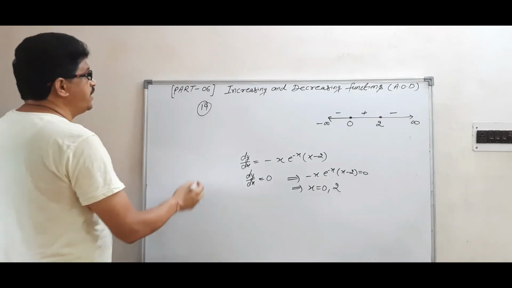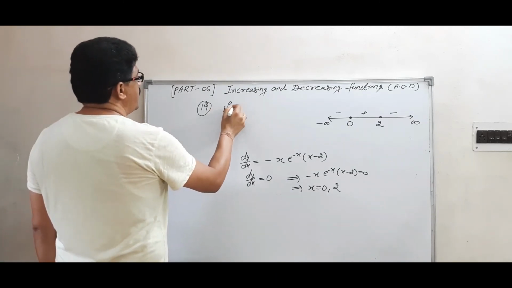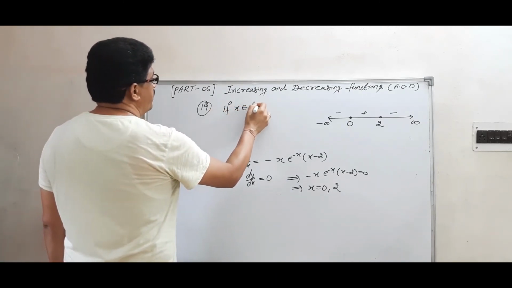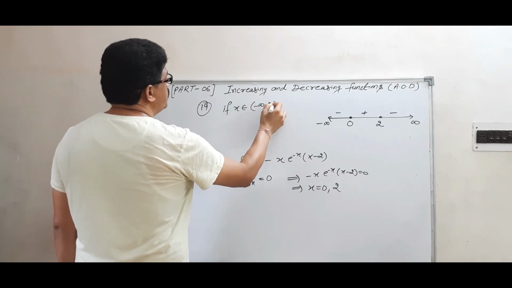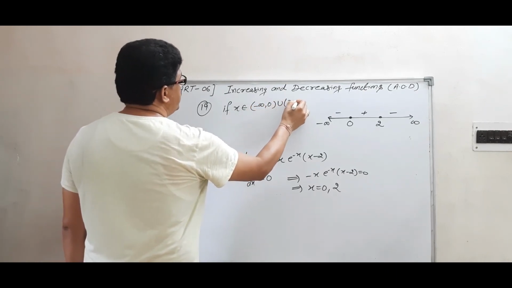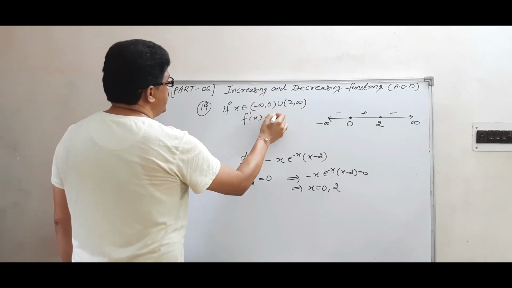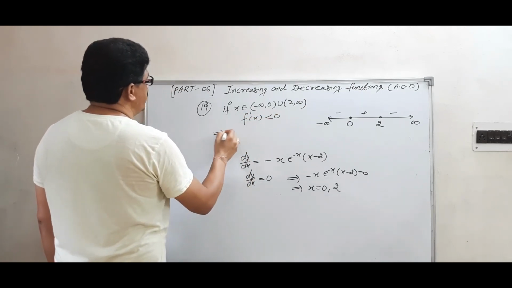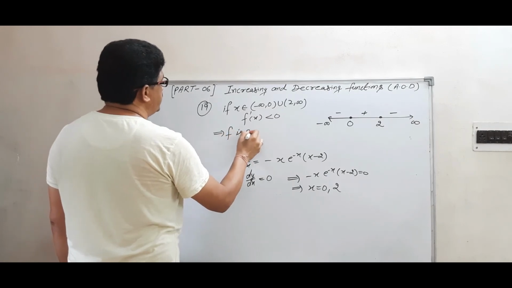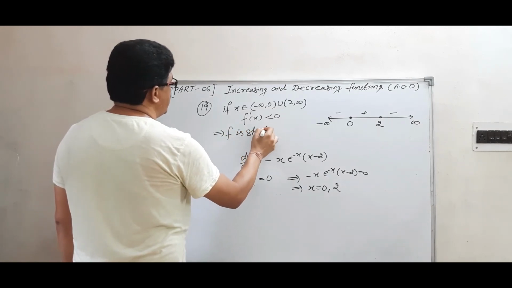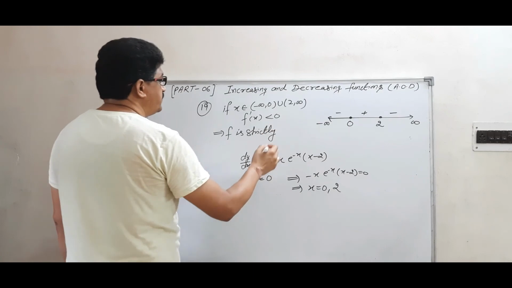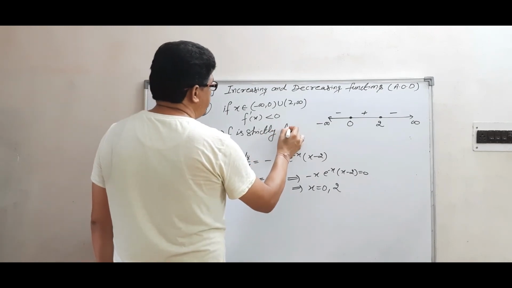So you can see if x belongs to minus infinity to 0 union 2 to infinity, f dash x is less than 0. So f is strictly decreasing.